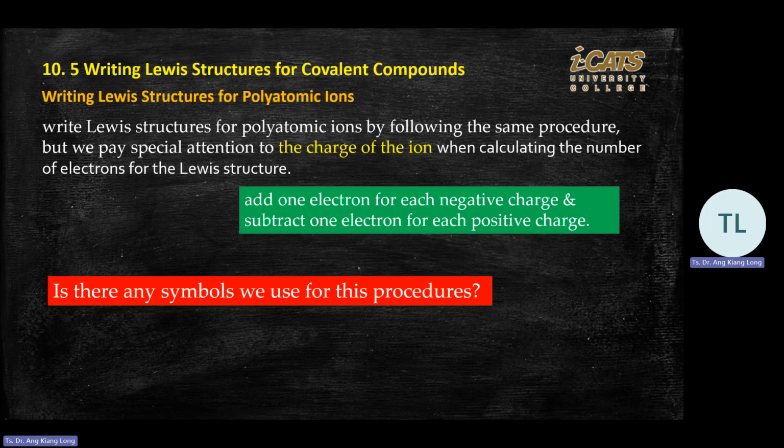If it's positive, CCl4 positive, what does it mean? For a compound to become positively charged, it let go of an electron, throws away an electron. So if it's positive charge, in the second step you need to minus 1 electron, for example. This is what the green color means.